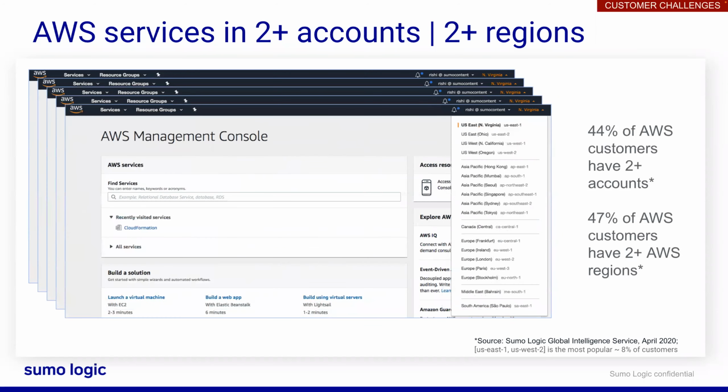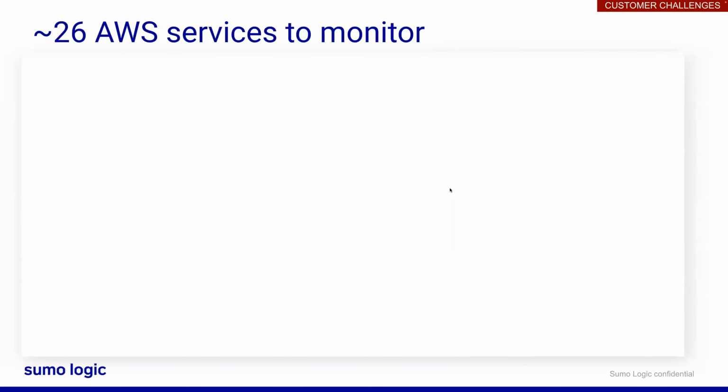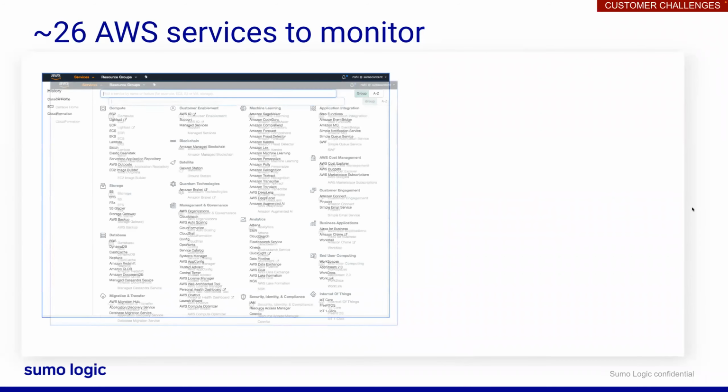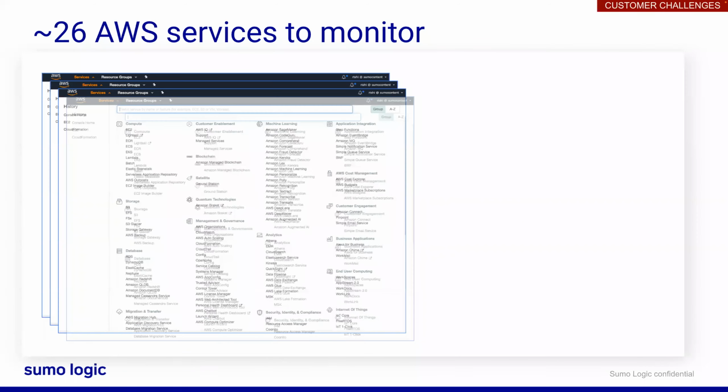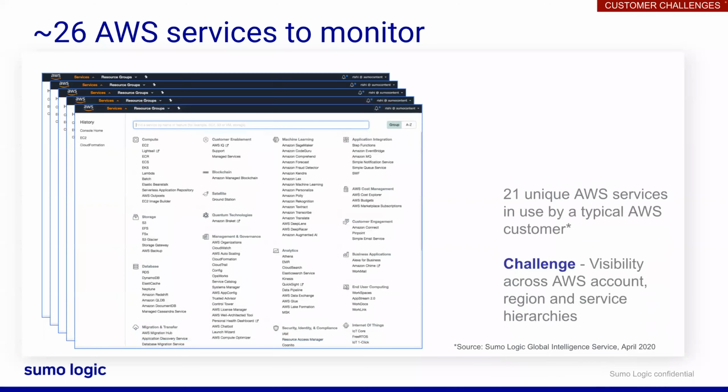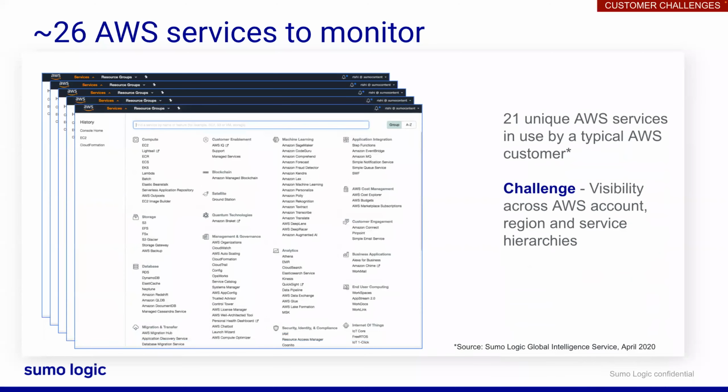Once you're in a certain account and a region, there's going to be a multitude of services that customers can use to run their apps, with each service having multiple entities or instances that correspond to it and have their own data monitoring. The problem here is, with all this complex hierarchy, it often leaves vast data silos where it can be difficult to acquire a clear picture of overall AWS service health across regions and accounts.